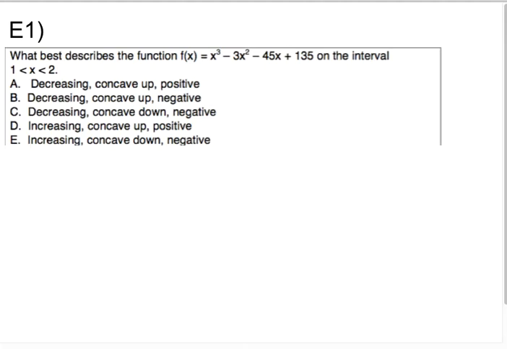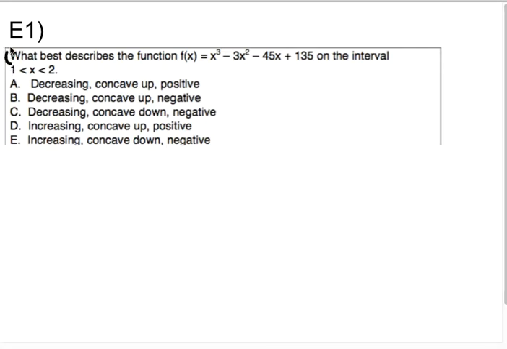Since all of these involve the function being decreasing or increasing, concave up or concave down, or negative or positive over the entire interval from 1 to 2, one option is to try an x value.